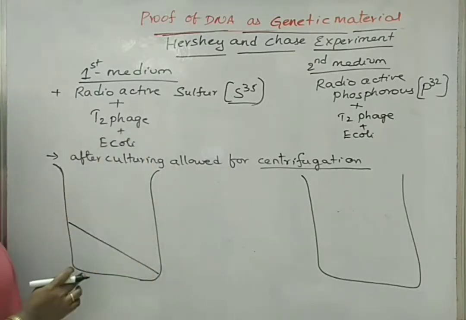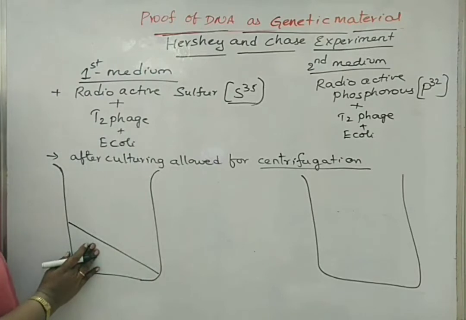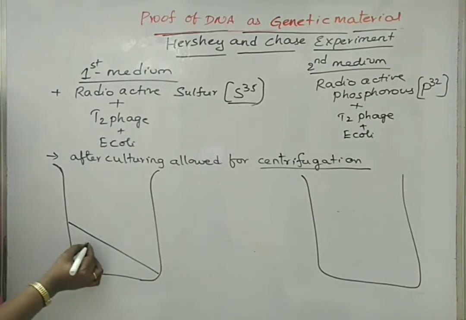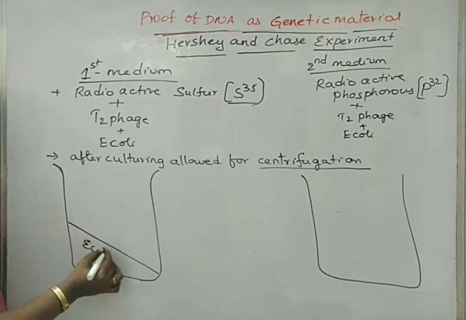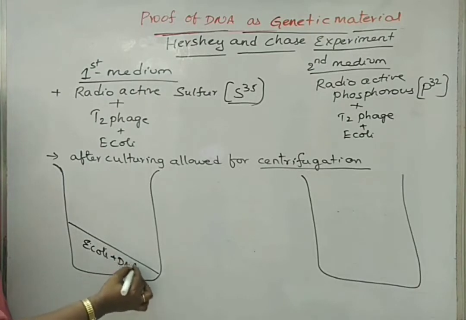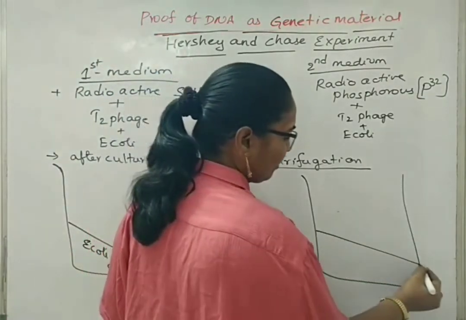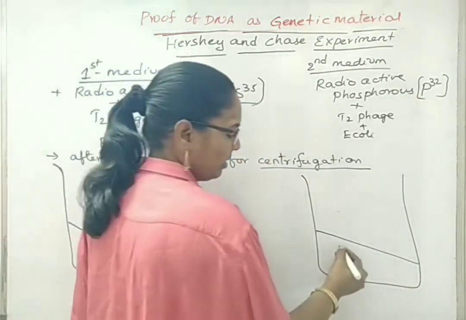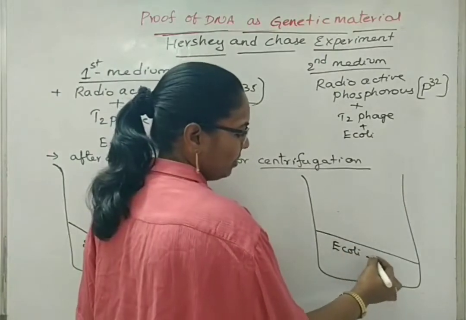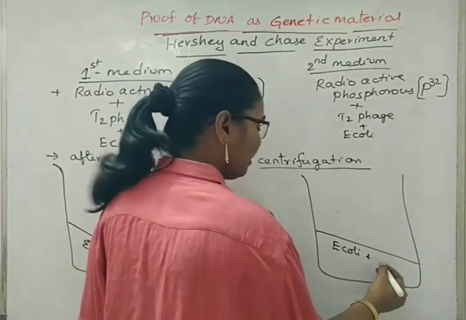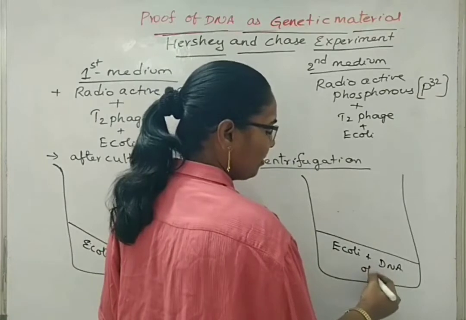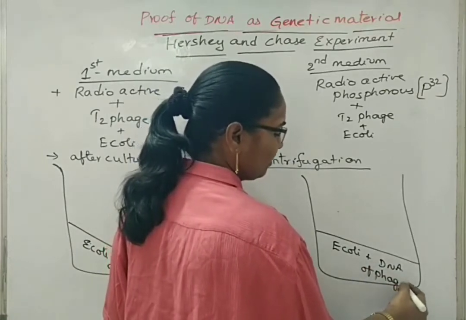In one medium where radioactive sulfur is taken, there what happens in the sediment? There will be E. coli plus DNA of phage, T2 phage. Here also the same thing. Here will be E. coli plus DNA of phage, T2 phage.